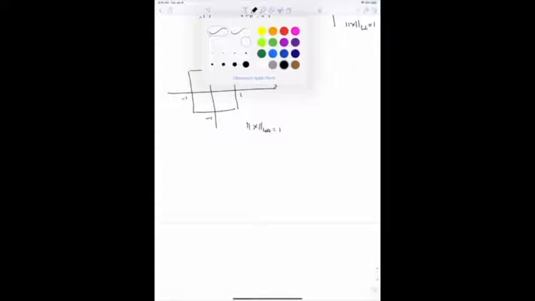Now, let's say that we have two different vector spaces, and we want to define an operation between one space and the other one. So let's say that we have V and W that are two vector spaces.